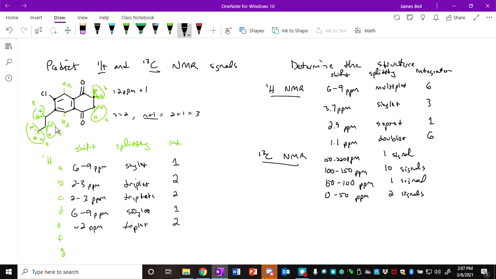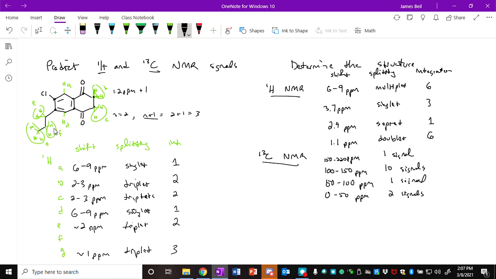F would be a little bit tricky, so we'll come back to that. Let's do G first. G is a CH3, and it's got 2 neighboring hydrogens. So 2 plus 1 would also make that a triplet. A typical methyl group that's not close to any electronegative atoms or pi bonds would come around 1. And that would have an integration of 3.